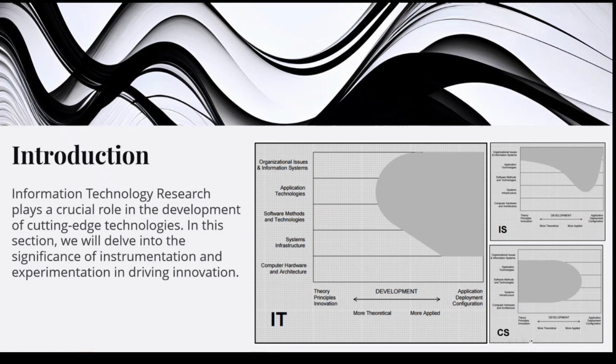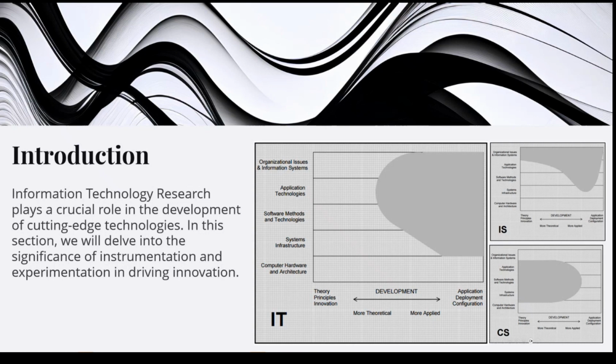Computer science is more technical, more fundamental. As you can see, computer science covers largely theory, principles, and innovation. It is also covering a lot in development, and some aspects of computer science touch application.